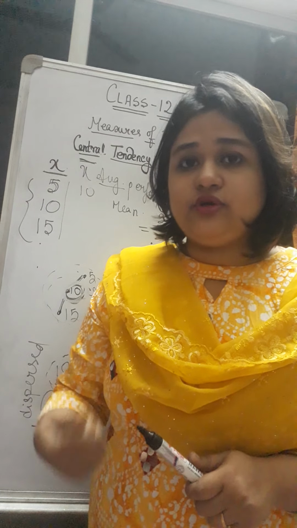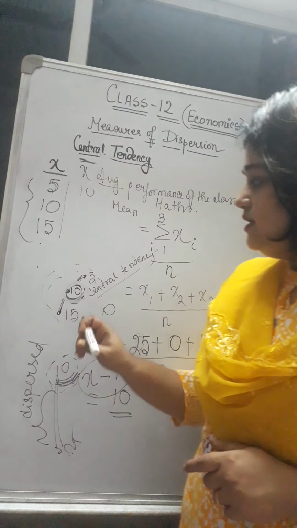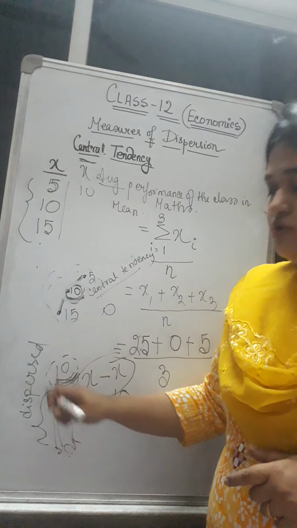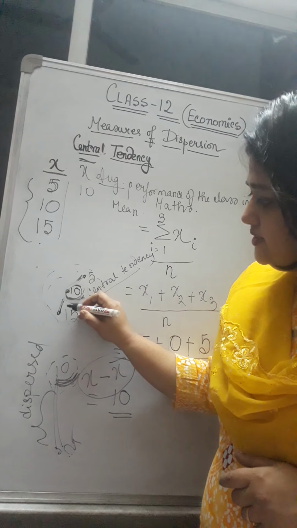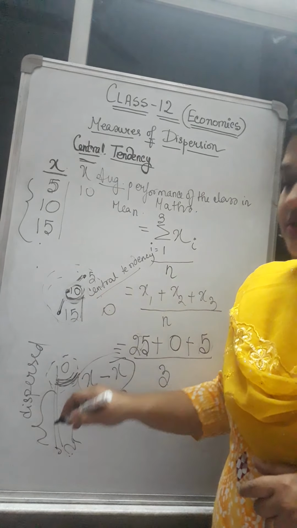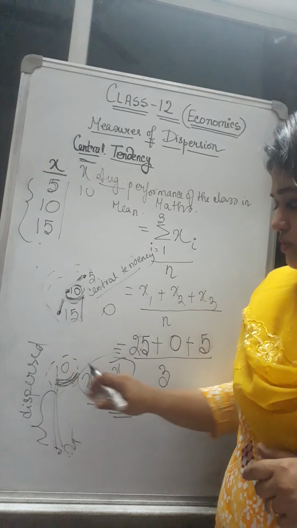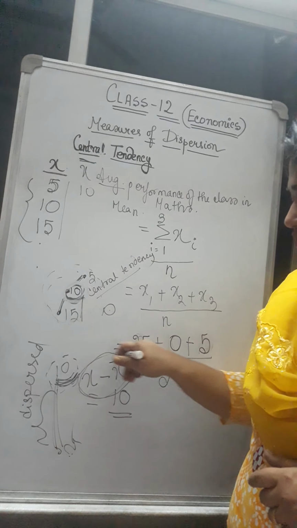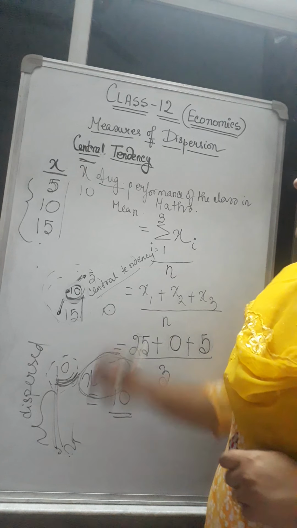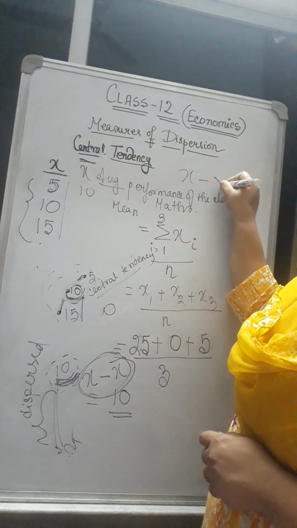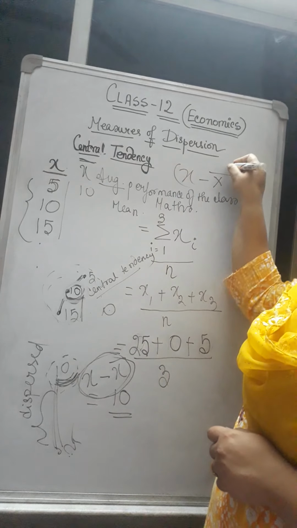So what is important for your study to know whether the central value is accurate or not? You have to calculate the dispersion or the spread between the original values and the average value. So this is known as deviation, x minus x bar. So x minus x bar gives you the deviation.